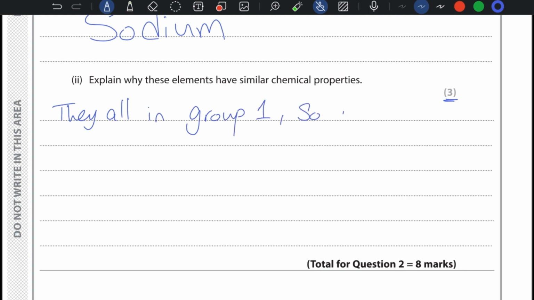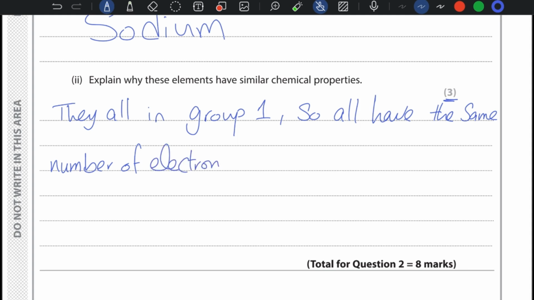So all have the same number of electrons in their outer shell, which contains 1 electron.